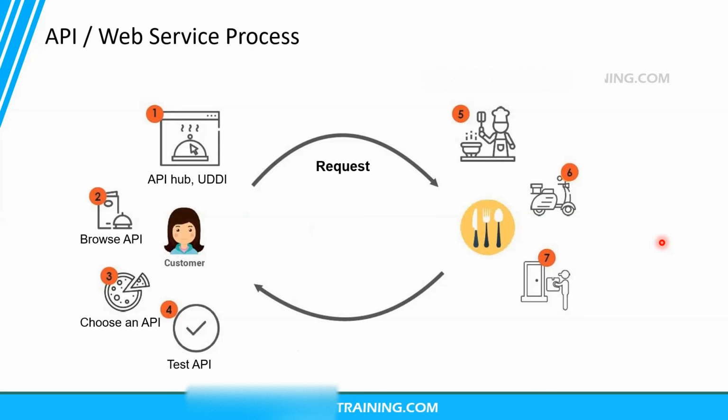The request goes to the server, the source of the API. The source of the API receives the request, and the protocol, SOAP or REST, is the medium, like the scooter. The result will be sent to the customer as a response.